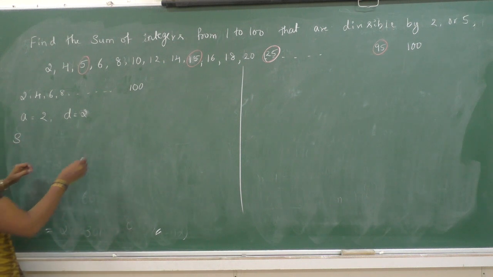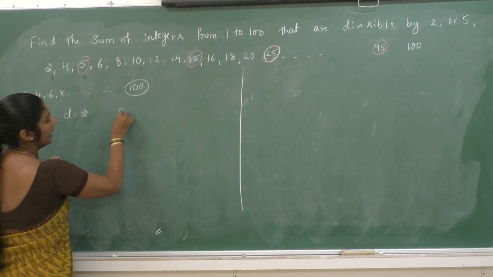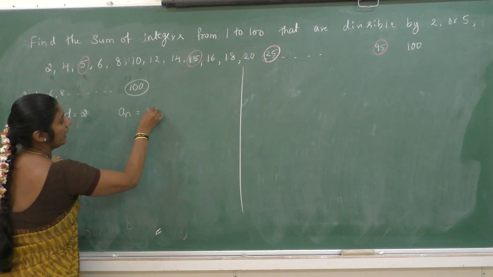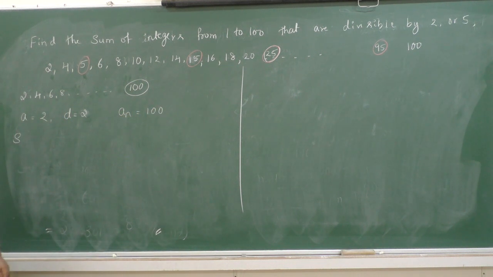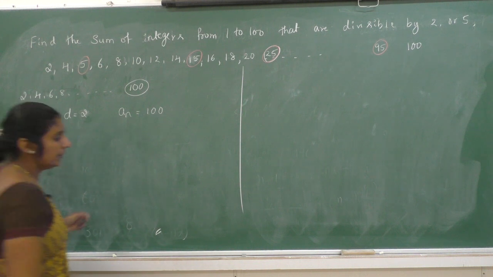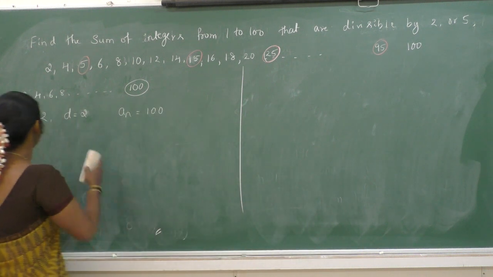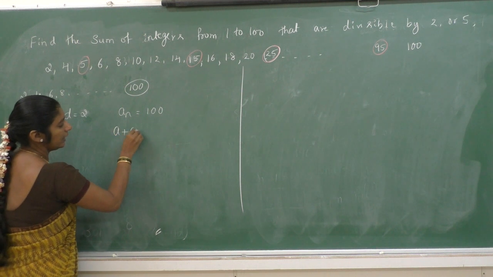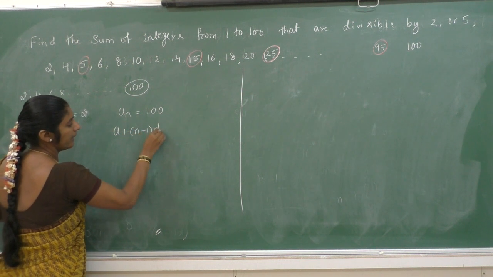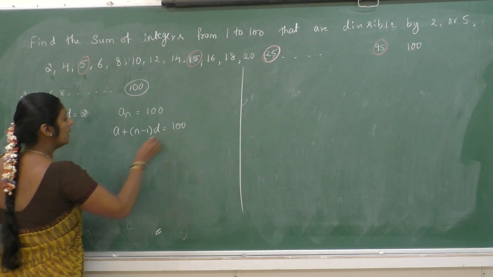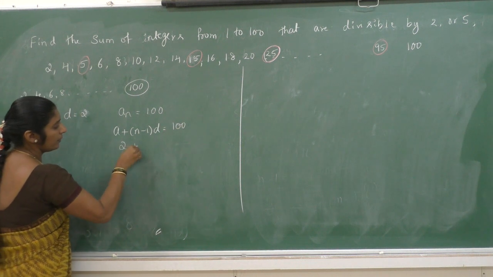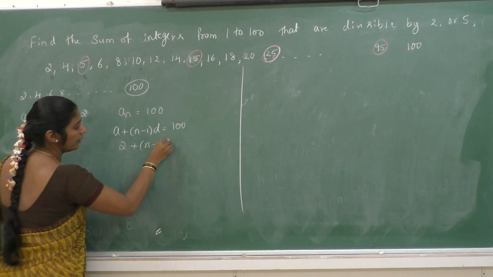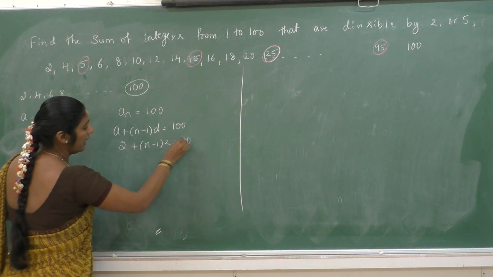I don't know yet. The last term an is given as 100. How many terms are there? We have to calculate. an is 100. The formula for an in an arithmetic progression is a plus n minus 1 into d, equal to 100. First term is 2 and common difference is 2.